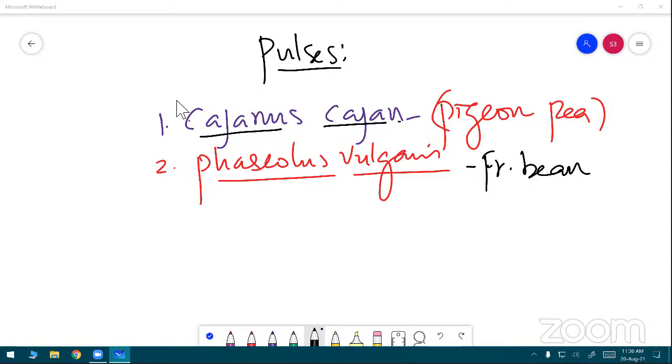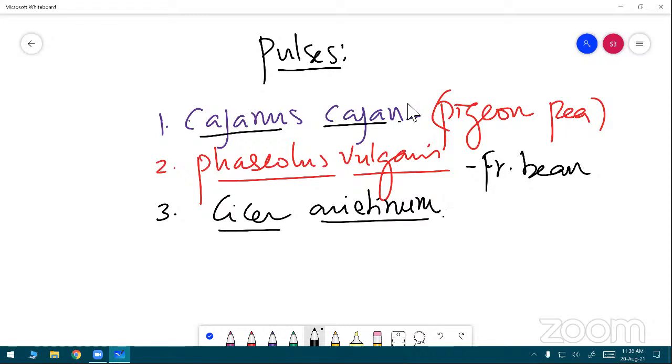And the third pulse is Cicer arietinum. This is a new binomial, a new pulse. Cicer arietinum is the binomial of chickpea. It is known as chickpea.